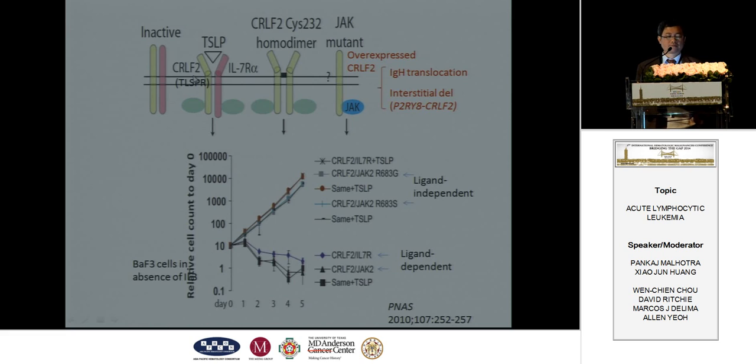For example, illustrated in this figure, CRLF2 mutation at 232 from phenylalanine to cysteine leads to homodimerization of this mutant protein, and it will be ligand TSLP independent. Again, JAK mutation plus overexpression of CRLF2, which may be due to translocation, also cause cytokine-independent growth. As shown in this study, overexpression of CRLF2 plus JAK2 mutation at R683 will render the BaF3 cells able to grow independently of cytokine.